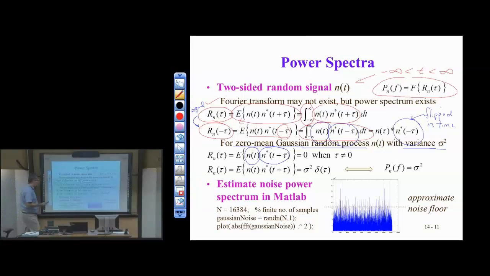So if that was easy to follow. So 50% of the time, n of t is positive, and n of t can be positive or negative. And n star of t plus tau, same thing, half the time. So this is a 50% case. Well, 50%. There's always a chance of 0. So equally likely.